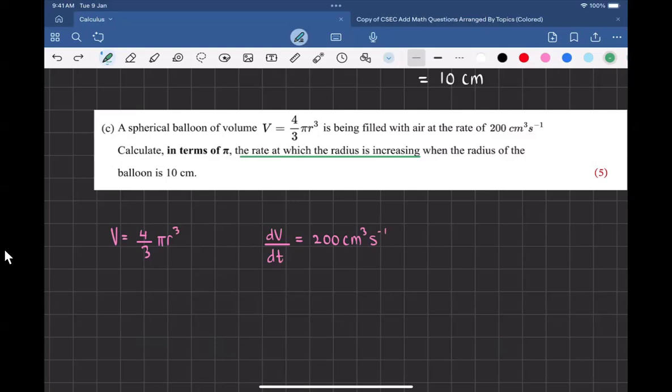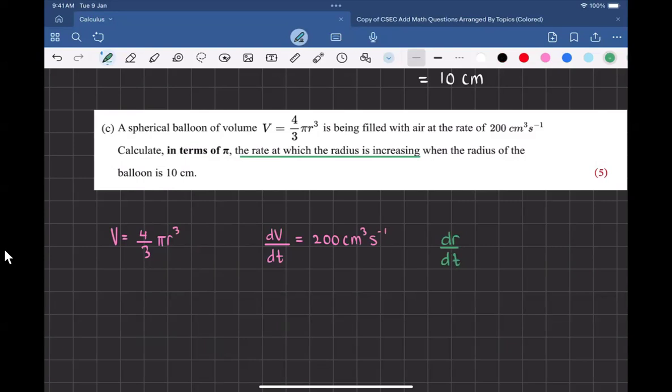It could be dr over. Anytime you see rate, the rate at which something is increasing, what do we typically measure things with respect to? dt. Yeah. We typically measure the rate with respect to time.